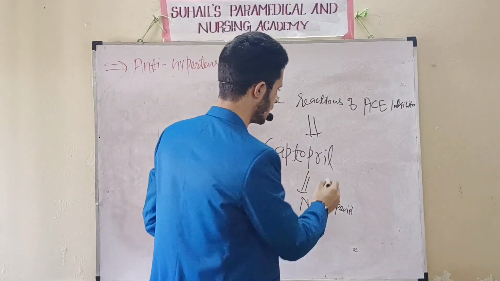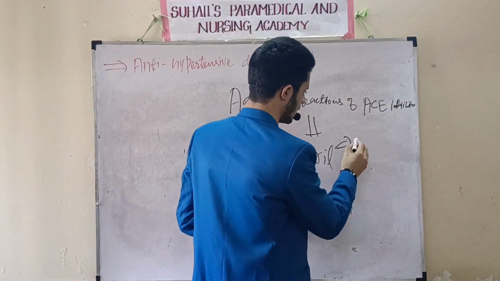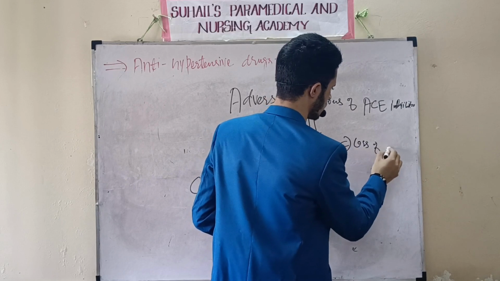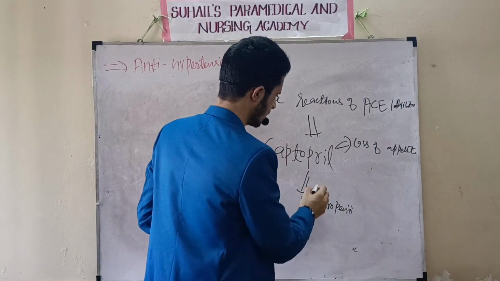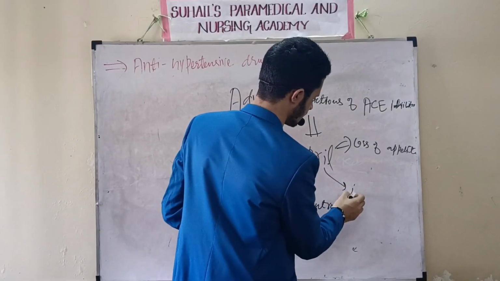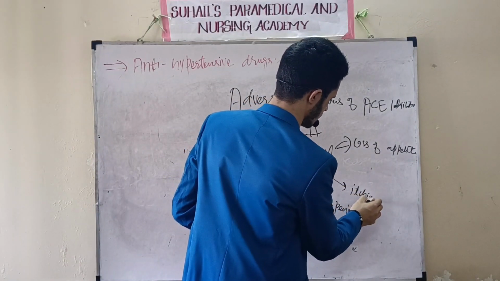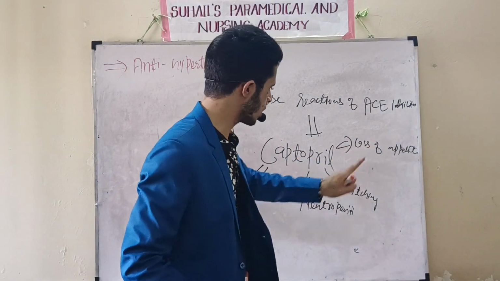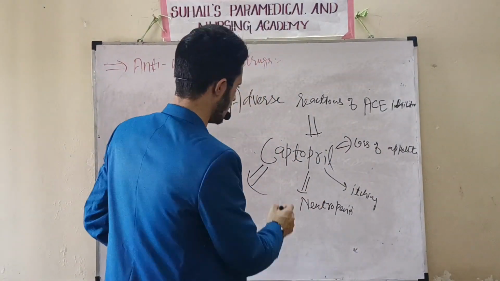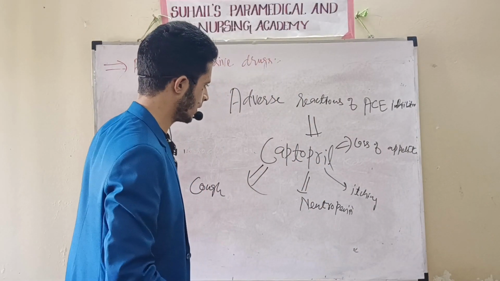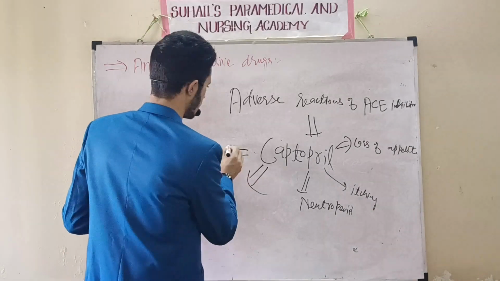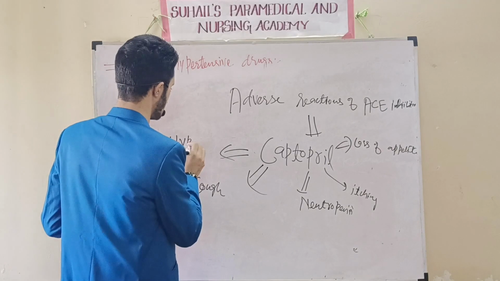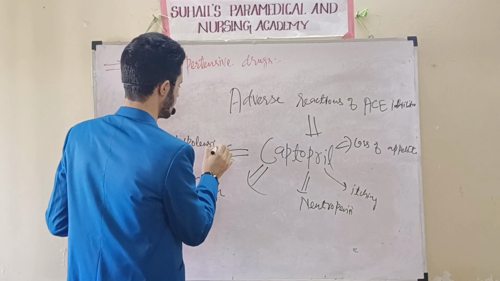L for loss of appetite, and I for itching. I for itching, L for loss of appetite, P for neutropenia, and C for coughing. And one more you can remember, there will be hypotension. There may be a chance of hypotension.